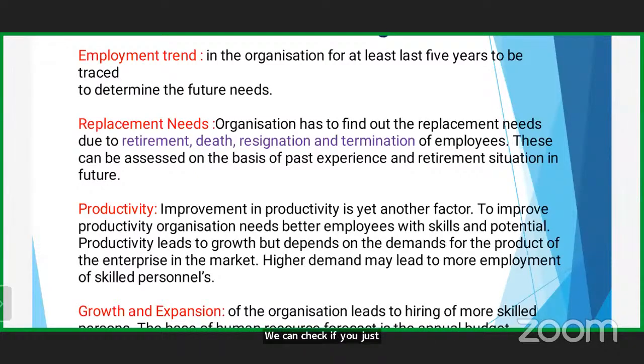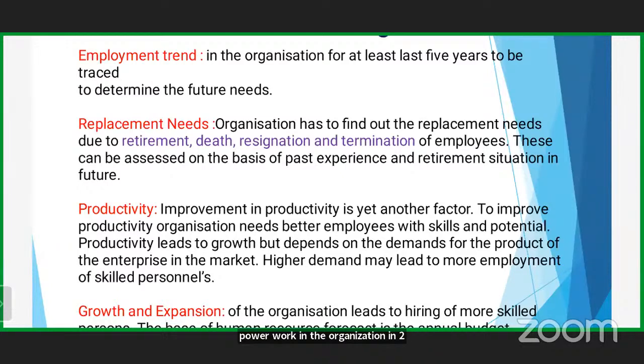In 2017, what was the existing manpower? How many people worked in 2017? It may be 1,000.